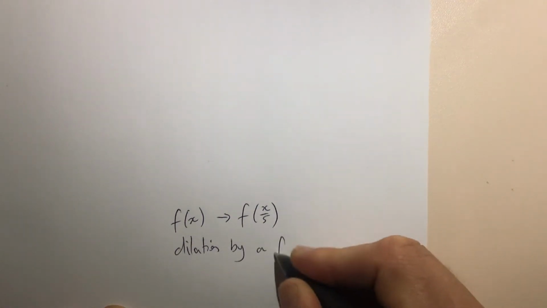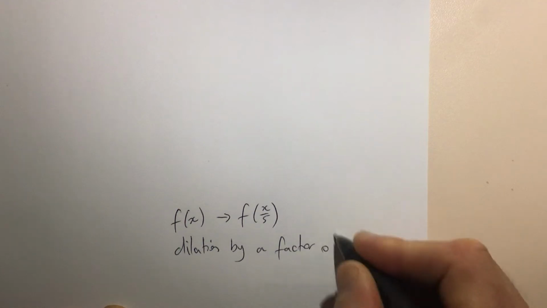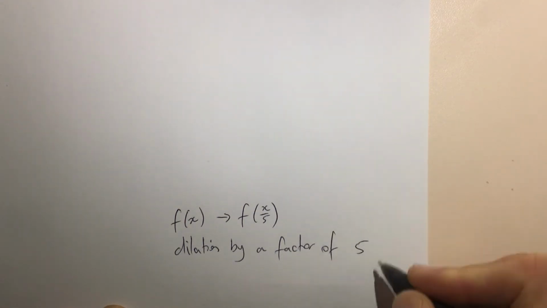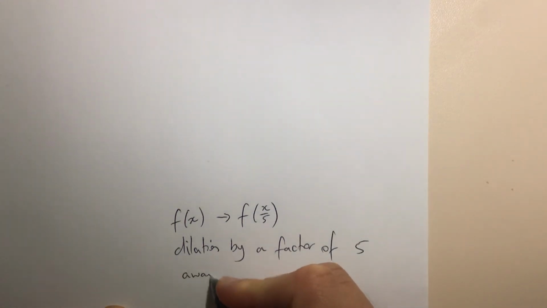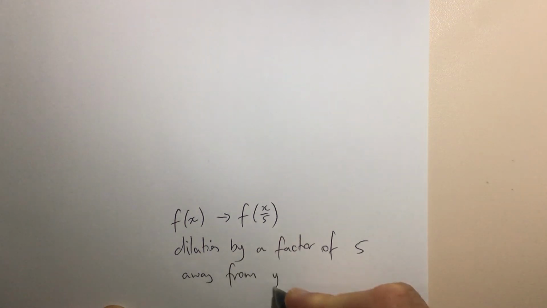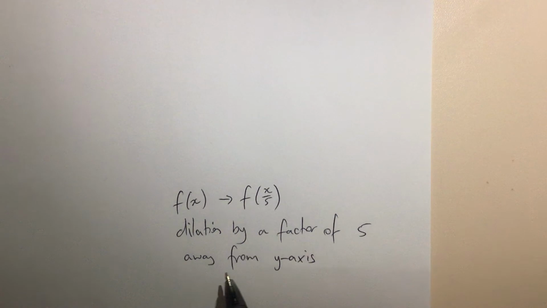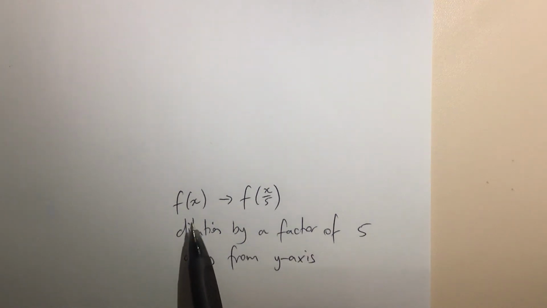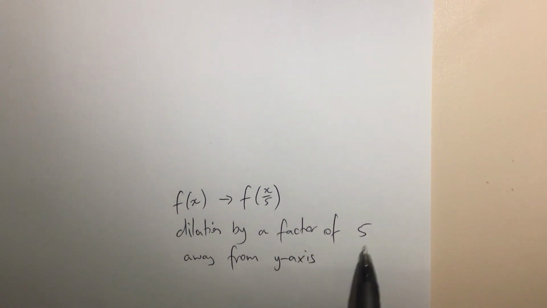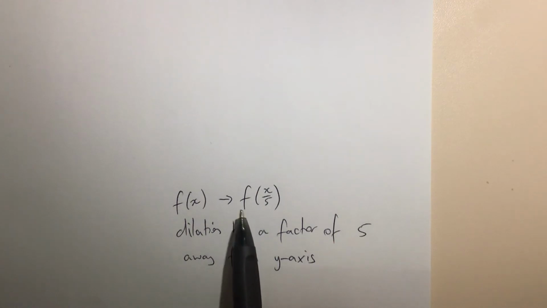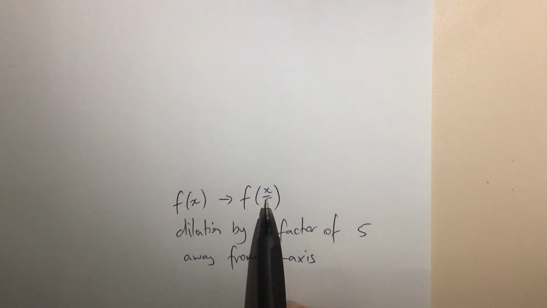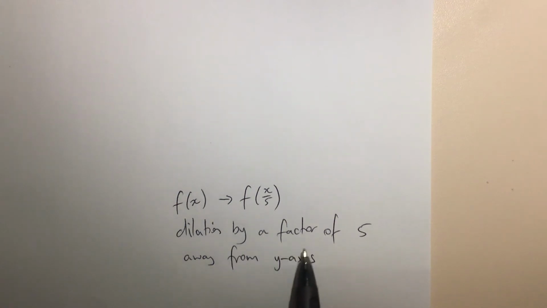It's a dilation by a factor of 5 away from the y-axis. Remember that with our dilations away from the y-axis, if the dilation factor is n, then the function becomes f of 1 over n times x. So if the number in the function is 1 over 5, then the dilation factor is actually 5.